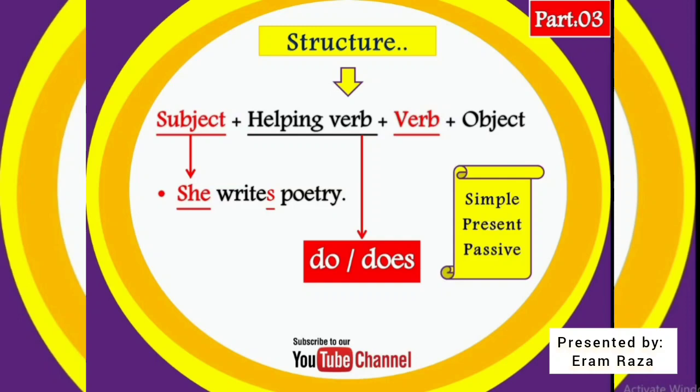So if we are having simple present tense and an active sentence, we will use do and does, but this is for the negative sentence and for interrogative sentences, but not for the affirmative or the positive sentences.